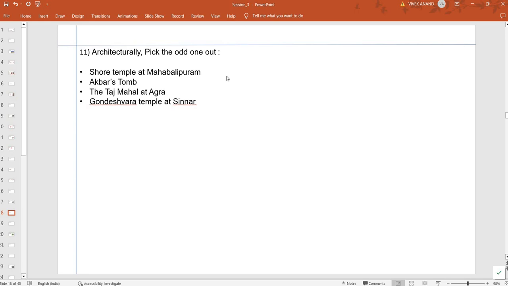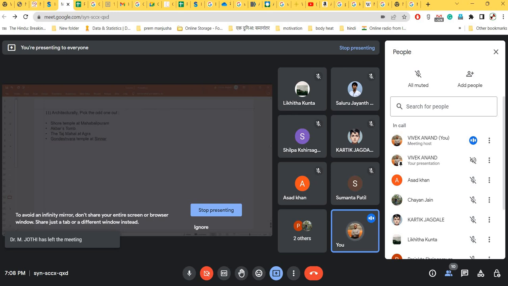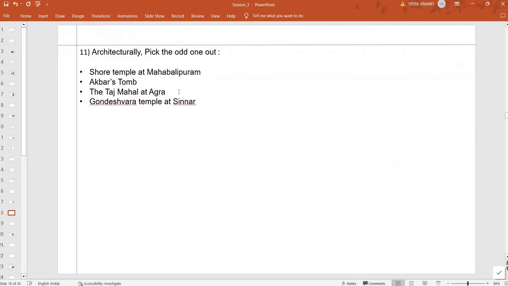This is very easy. I could actually pick the odd one out. Shore Temple, Akbar's Tomb, Taj Mahal at Agra, Gondeshwara Temple at Sinnar. So what will be the answer? Anyone, please? I don't think this would take this much time in answering.